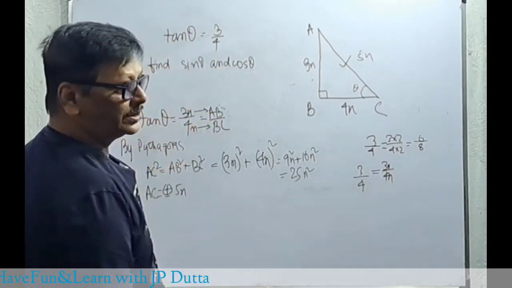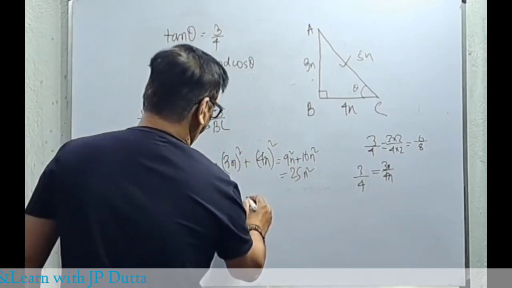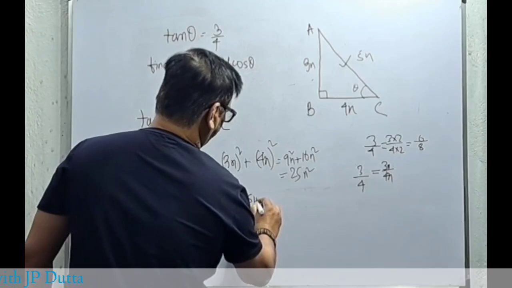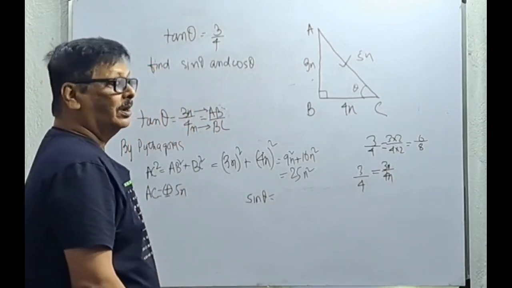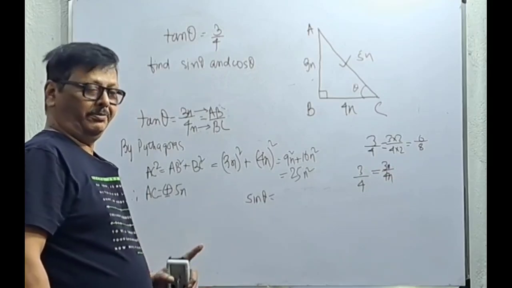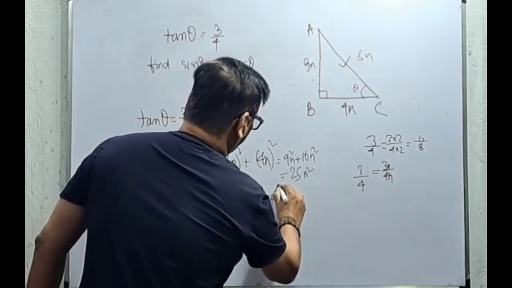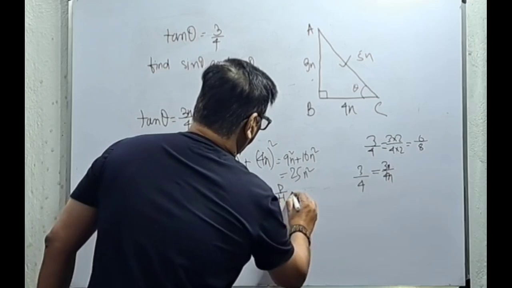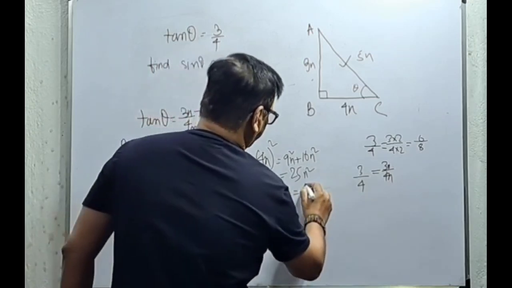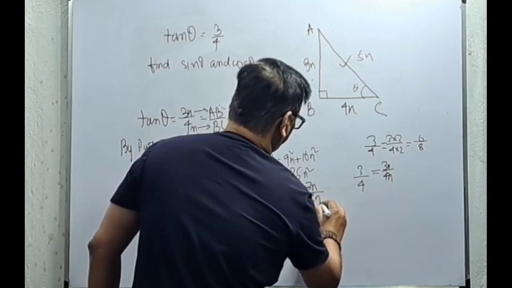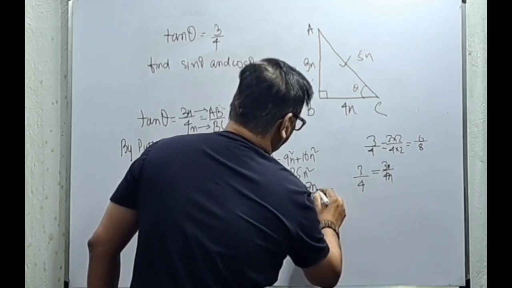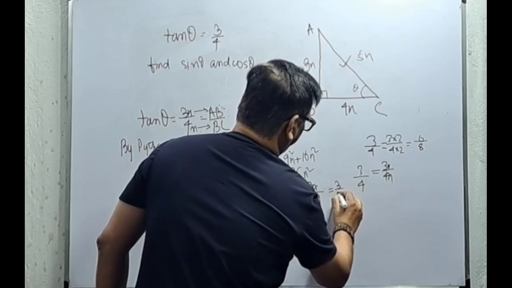Understood? Now they want sin theta. Sin theta is perpendicular by hypotenuse, which is 3n by 5n. So n cancels out, 3 by 5.